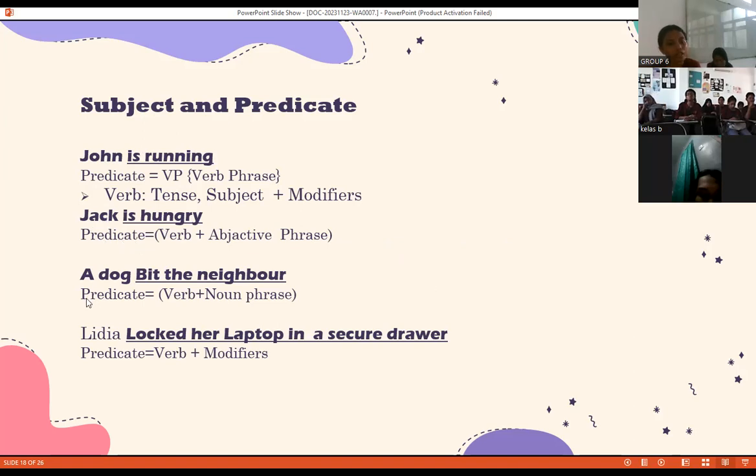The third is a dog beat the neighbor. Beat the neighbor is a predicate. A dog is the subject. And Lydia locked her laptop in a secure drawer. Locked her laptop in a secure drawer is a modifier.